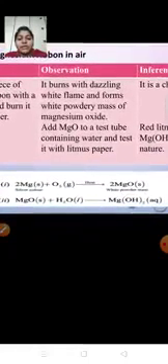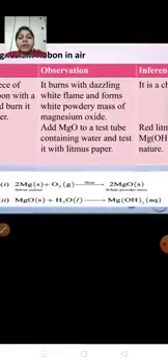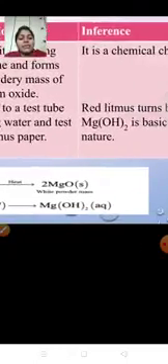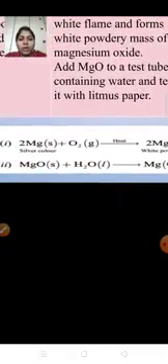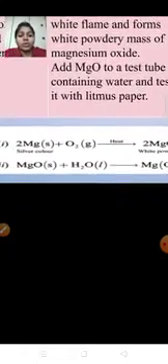Look at this reaction. There is magnesium ribbon. When you burn it in the air, in presence of air, it will turn into a white color powder, that is magnesium oxide. And when this magnesium oxide is mixed with water, it will turn into magnesium hydroxide.